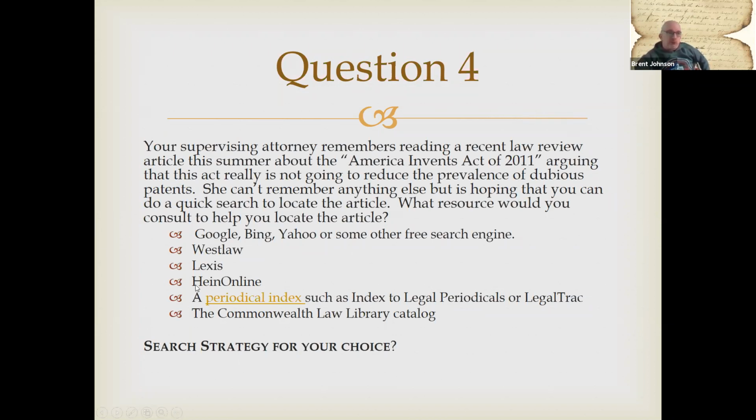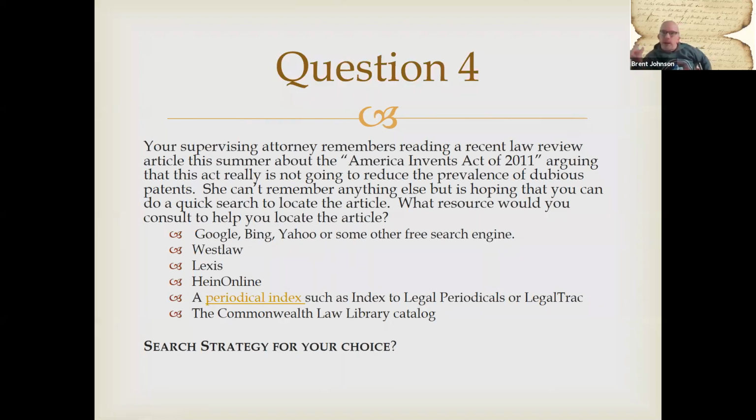Of all of these lists, I mean, Lexis and Westlaw likely would get you there. You'd log into Lexis or Westlaw, you go to secondary sources, and then you'd go to law reviews, and do a search in law reviews for dubious patents and see what pulls up. Hein Online, it's a separate database.